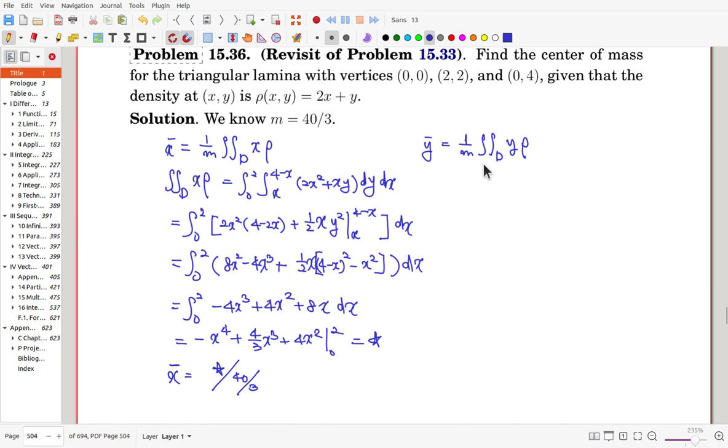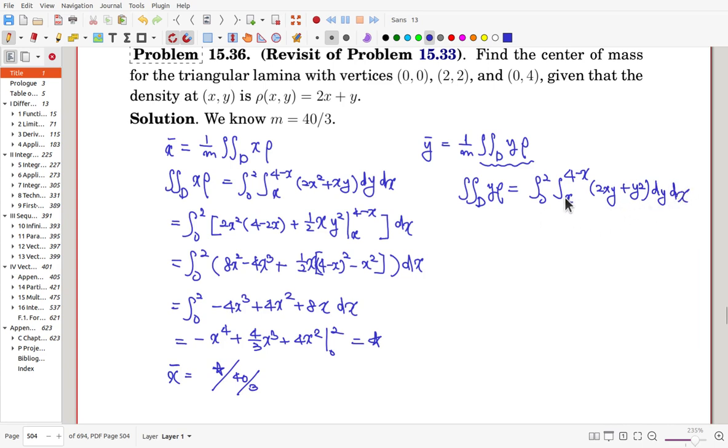The exact same way for this term, if we focus on only this integral y rho, then that is x directional movement from 0 to 2, and bottom y is x, top y is 4 minus x, and y times rho. So that is 2xy plus y squared, dy dx.